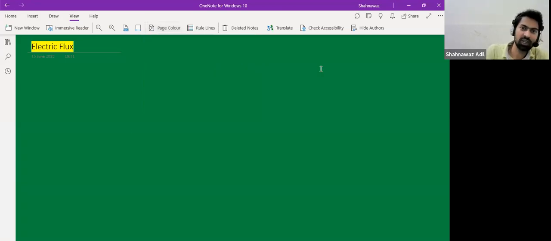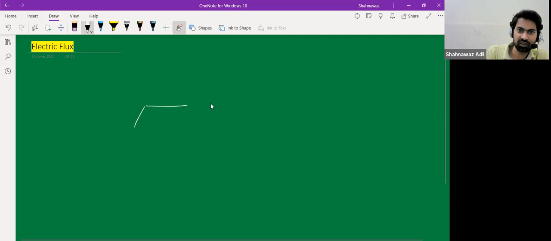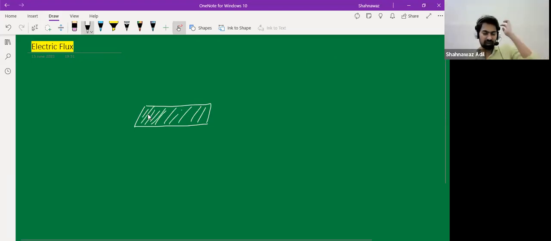Let's say you have a surface area. Let's say you have a square surface. Tell me, is the surface a vector or a scalar? Is surface a scalar or a vector?